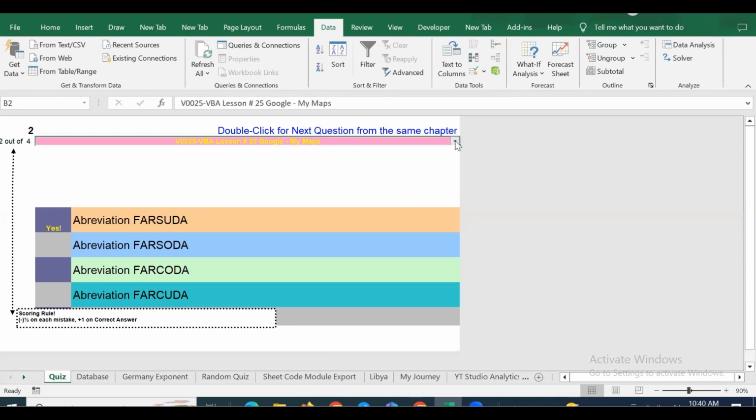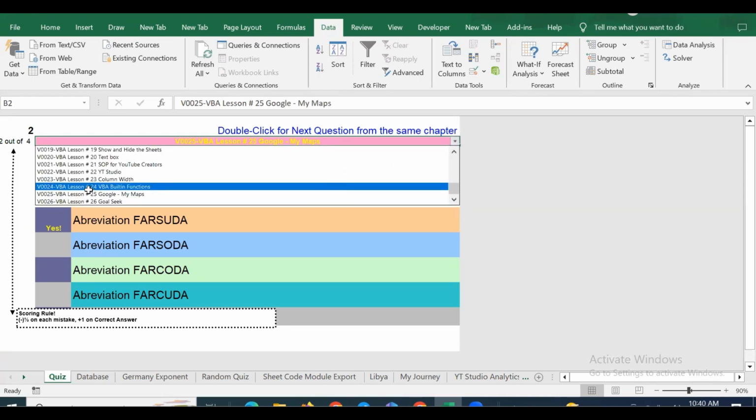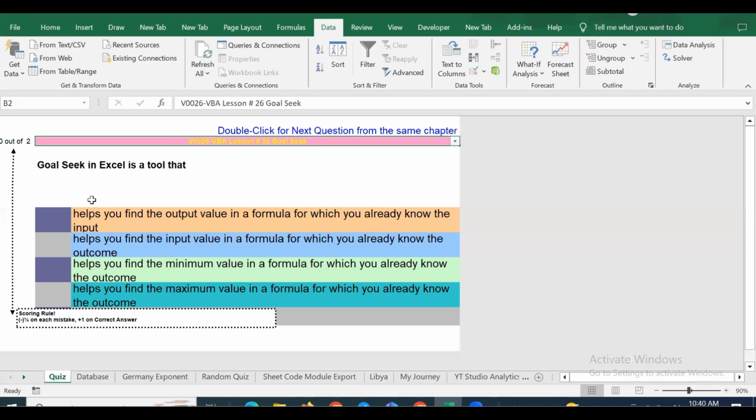Let's test ourselves about our learning. There are two questions we can answer. Goal seek in Excel is a tool that helps you find the output value in a formula for which you already know the input, or helps you find the input value in a formula for which you already know the outcome or output.